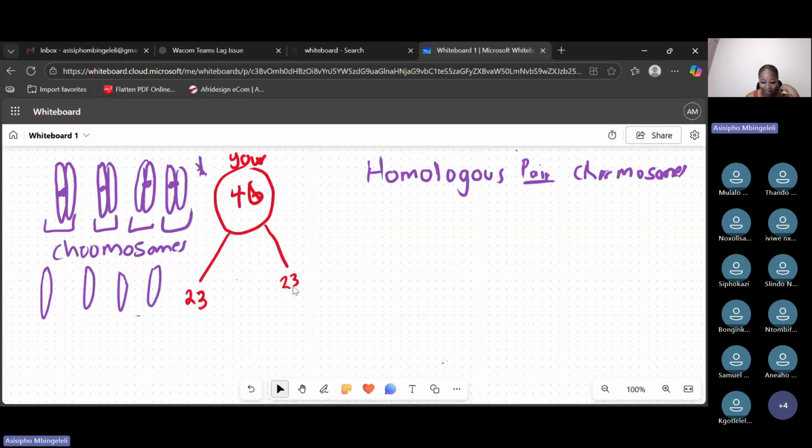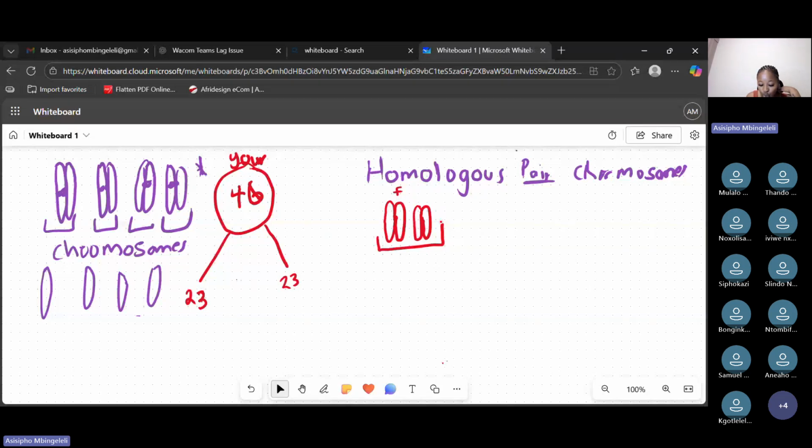So 23 pairs still is actually 46 chromosomes. What do I mean by this? If we are looking at pair number 1, this could be the chromosome from the father, and then this could be the chromosome from the mother. And we're going to find them in the same position, and they make up a pair.